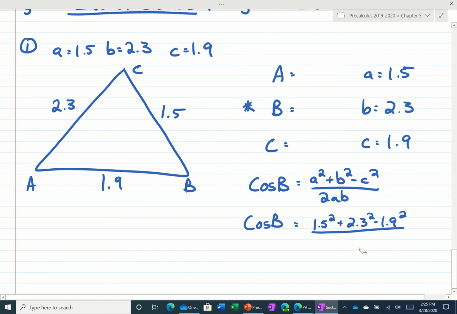Actually, sorry, that's the wrong formula. To get the cosine of B, the formula, sorry guys, is A squared plus C squared minus B squared over 2AC. That's my mistake. So it's going to be 1.5 squared plus 1.9 squared minus 2.3 squared, all divided by 2 times 1.5 times 1.9.